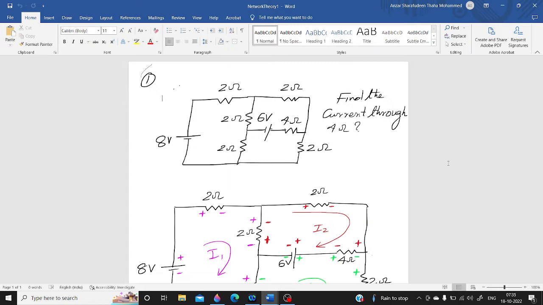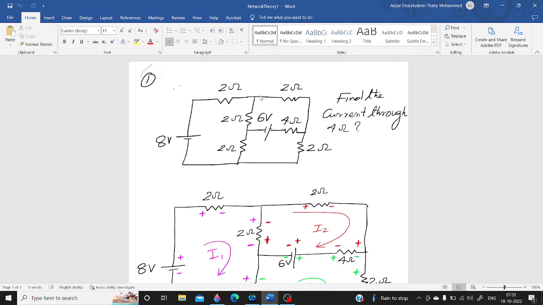So first of all, let me define what is a mesh. A mesh is defined as a loop which does not contain any other loop within it. Or simply, what we can say is a mesh is a closed path in a network. So this is a mesh.